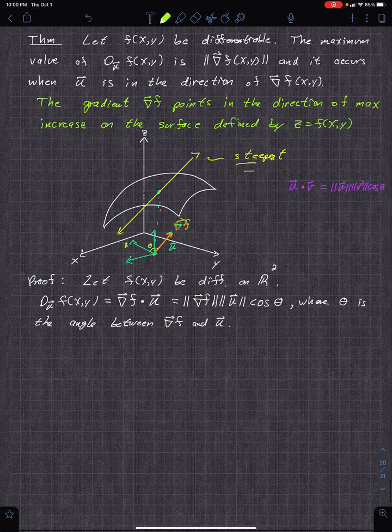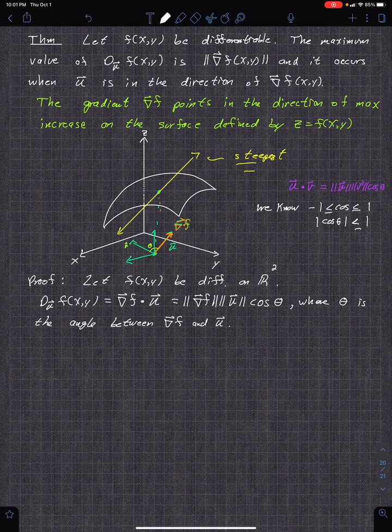So cosine theta, we know this. This isn't really even a geometric argument; it's algebraic. Cosine theta's range is between -1 and 1. We know that cosine theta is always less than or equal to 1.